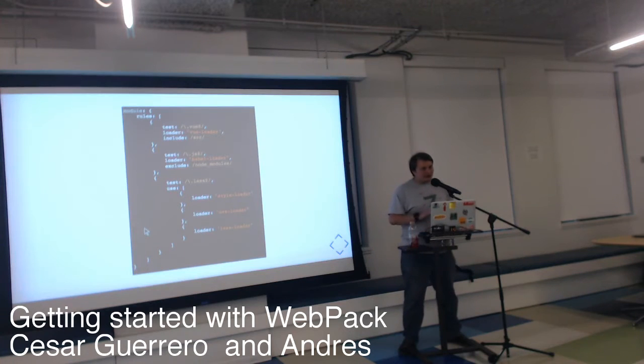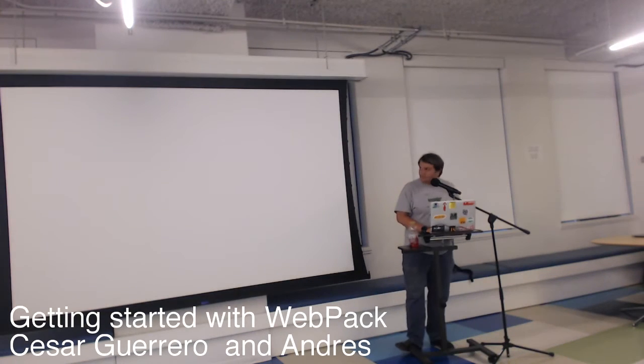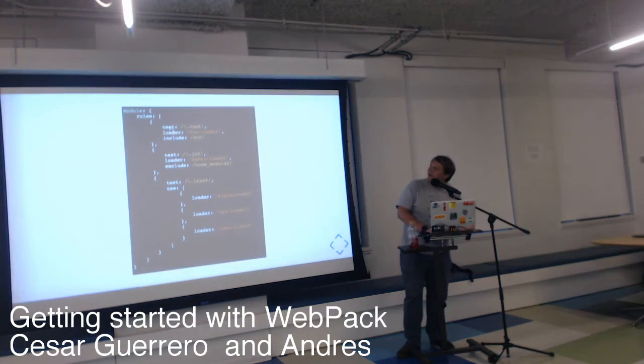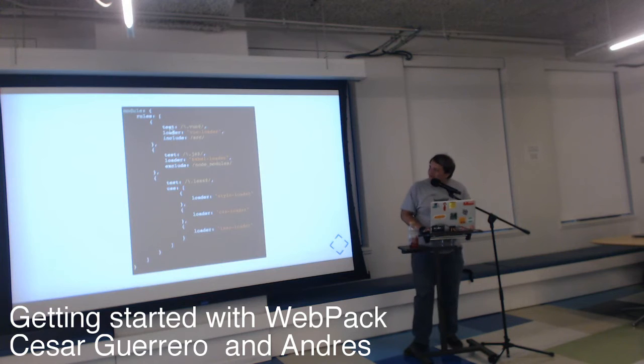So in your Webpack configuration, you will have something like this. It is a module key that is an object with all the rules that you are going to apply in this step. So for example, I have here the first rule that will apply to all the files that end in .vue, and I'm going to apply the vue loader.